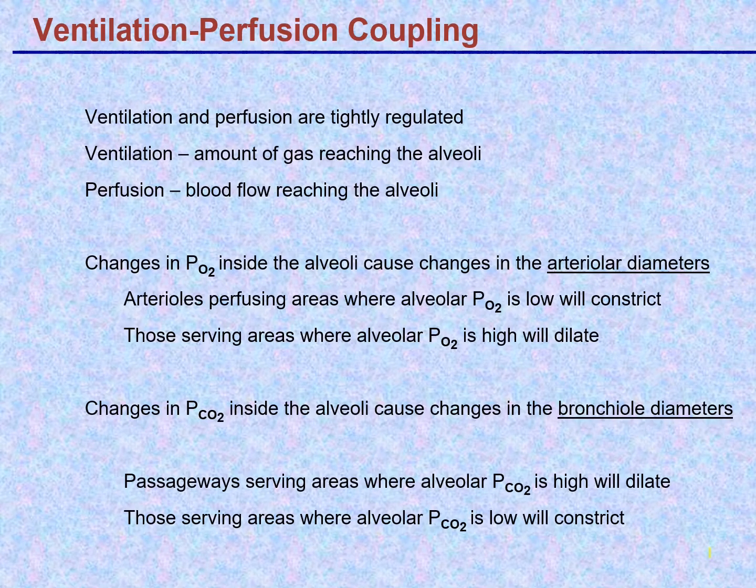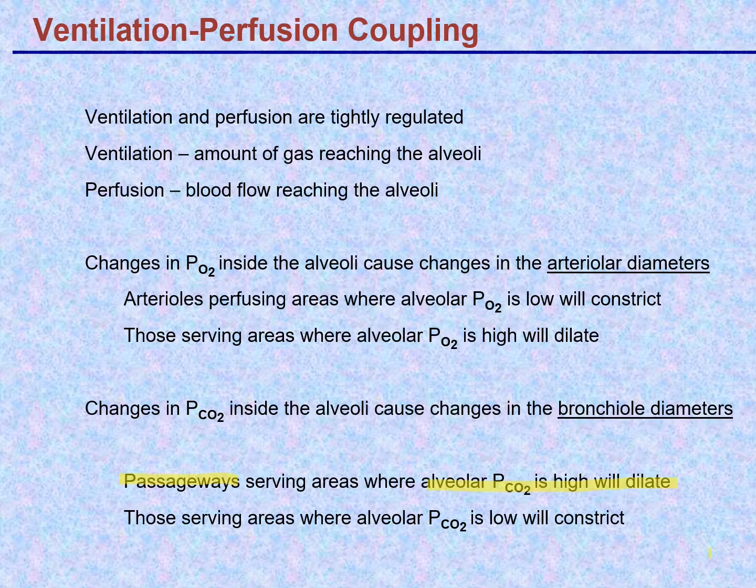If alveolar PCO2 in an area is high, that will cause dilation of the bronchioles. So as I say here, the bronchioles will dilate where alveolar PCO2 is higher. Dilation of the bronchiole feeding into that area allows air to be conducted in and out of that area, and will allow the higher CO2 levels to get ventilated out.